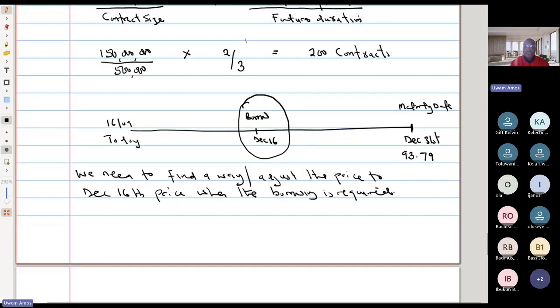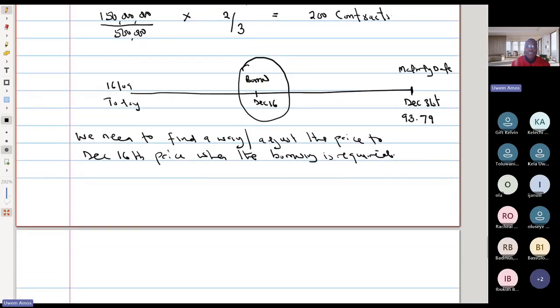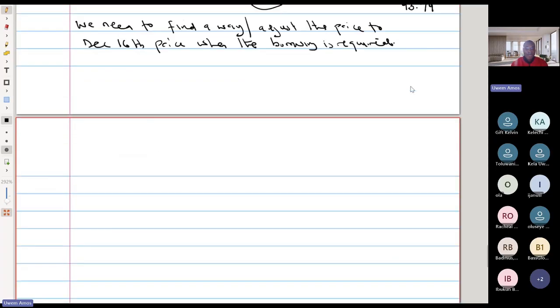What the concept of basis basically says is we need to know the difference in price between today and December 31st. Let's begin with the basis. We need to know the difference in price between today, which is LIBOR today, and December 31st, which is the futures price.